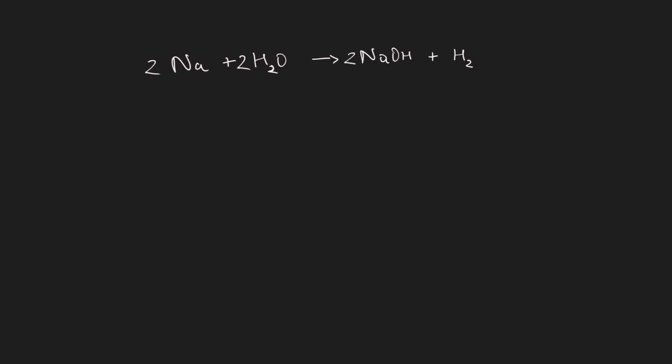So what I want you to do is every time you balance an equation, you should be able to first figure out, do I know the mole ratios of all the elements? Okay, so I'm going to pause the video and I want you to write down all the mole ratios.